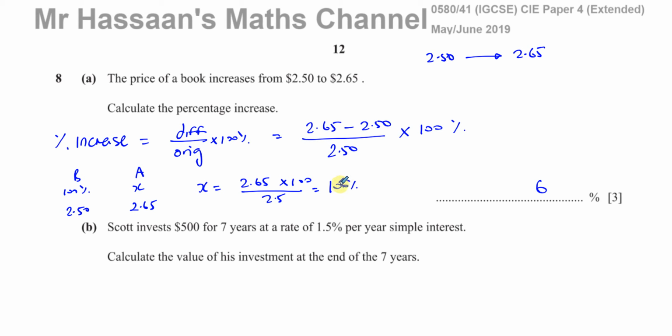That's 106%. This is 106, that's 100, so it's increased by 6%. It's 106% minus 100%, which is 6%. So it's gone from 100% to 106%, an increase of 6%. That's an alternative way of doing the same question.